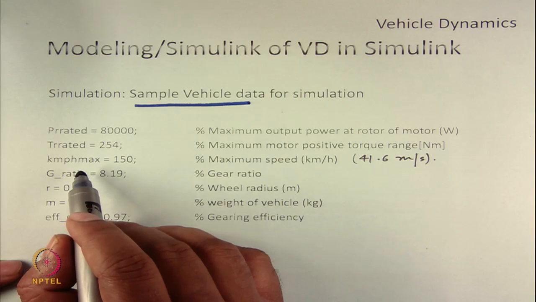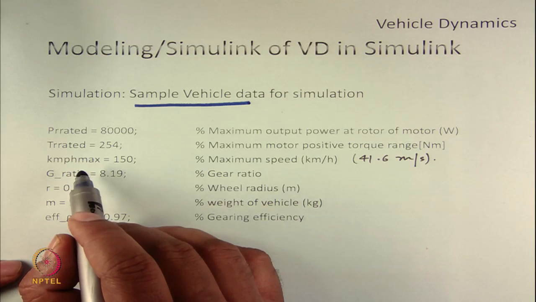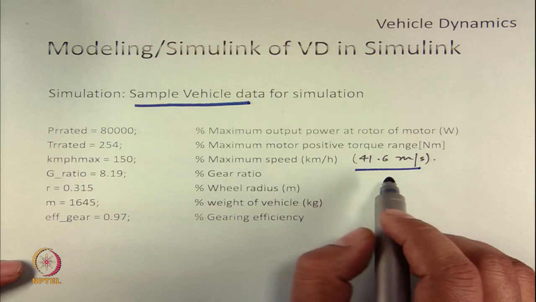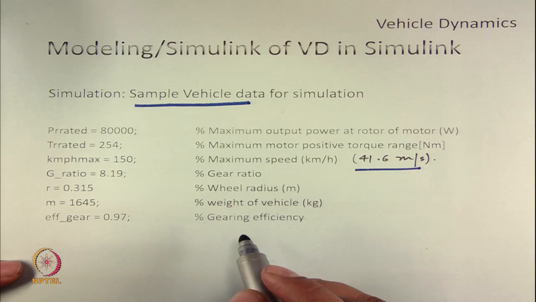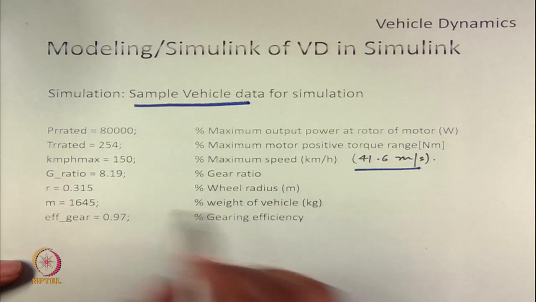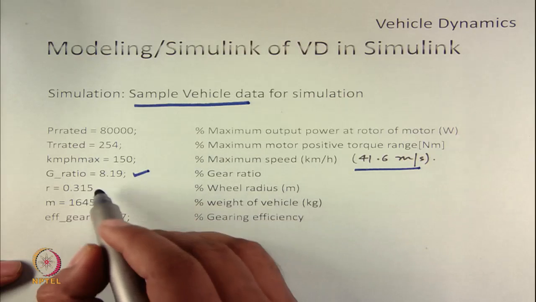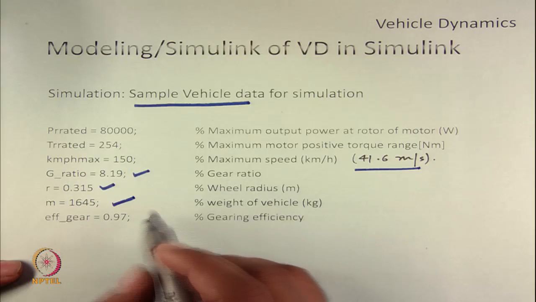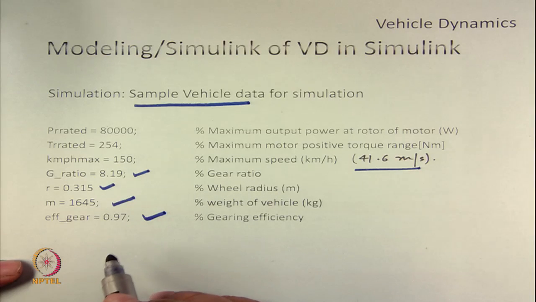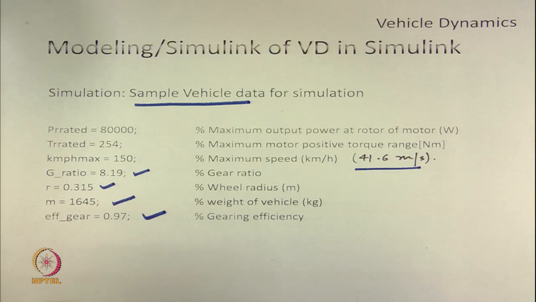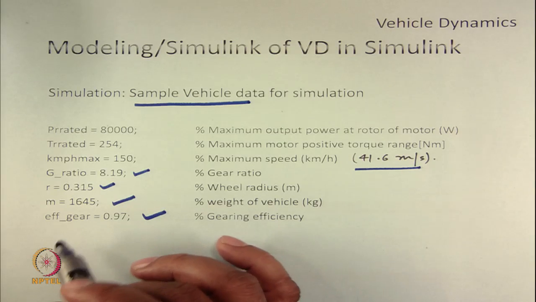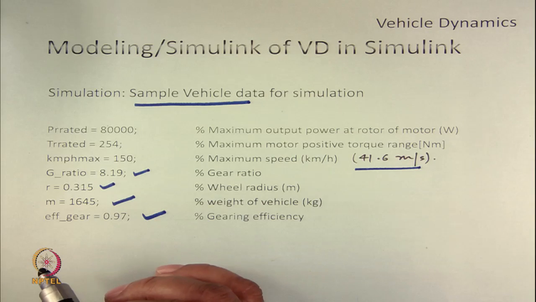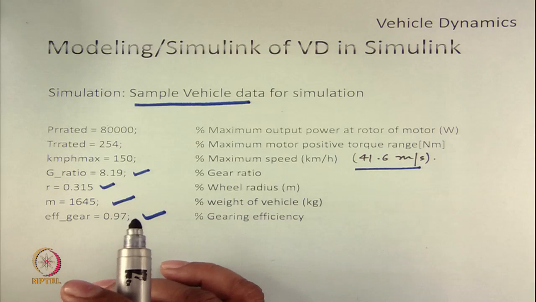The maximum speed of the vehicle in kilometer per hour is 150, so it will be 41.6 meter per second. Gear ratio around 8, radius 0.3, mass of around 1500, efficiency of 0.97. So, let us try to add this data to the Simulink blocks we have discussed and see what kind of results we get.